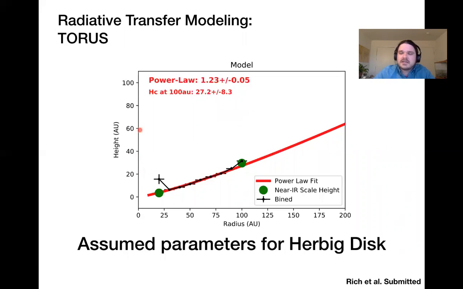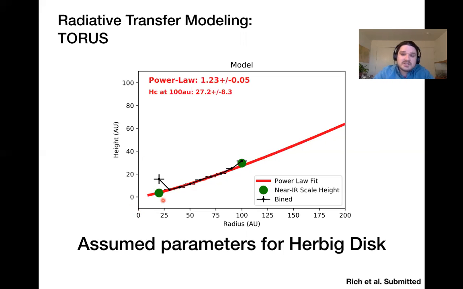And so what we did is we took a radiative transfer model torus and we assumed some normal Herbig protoplanetary disk parameters. And we took those scale heights and produced the observed scale height. So the observed scale height of scattered light for the small dust grains and the observed photosphere for the 12CO gas, producing data cubes like we had previously and put them through the same algorithms that we used for the 12CO gas and the small dust grains.